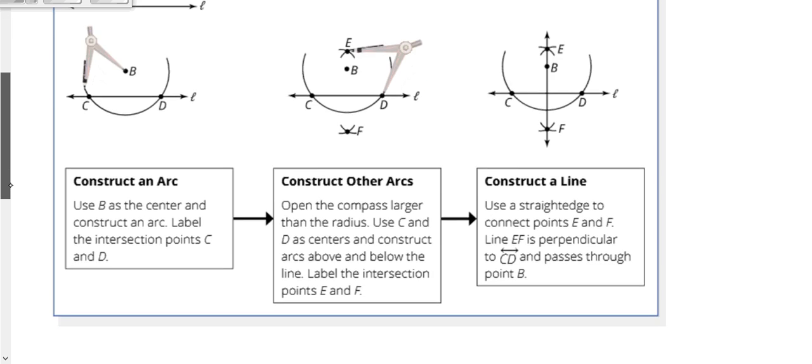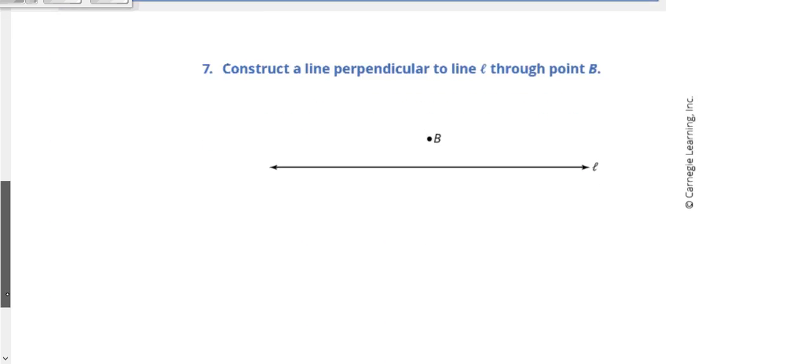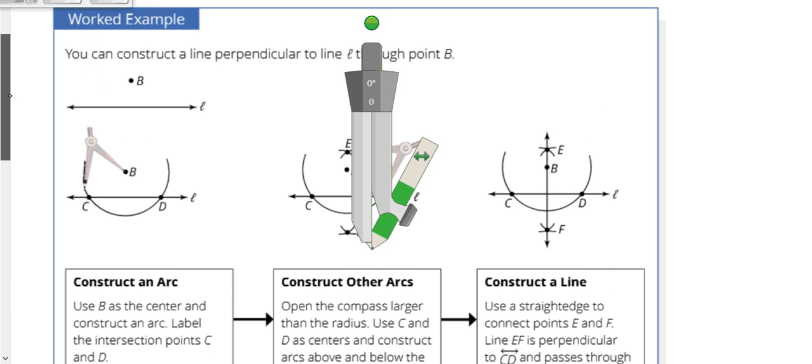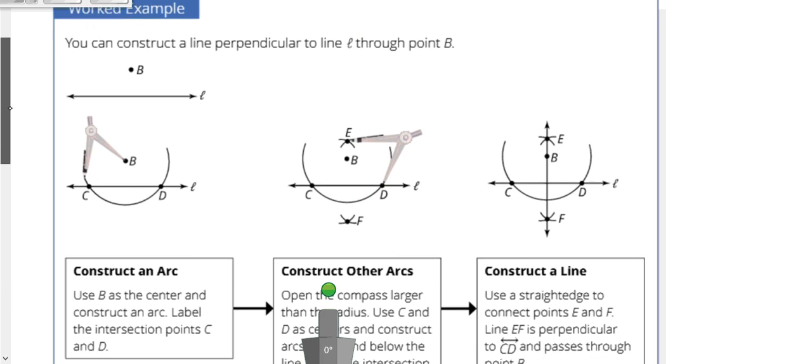Now, this next example is just doing basically the same thing, but now the point is not on the line. Doesn't matter whether it's on the line or off the line, you do the same exact thing. Okay? First thing I need to do is get a compass.